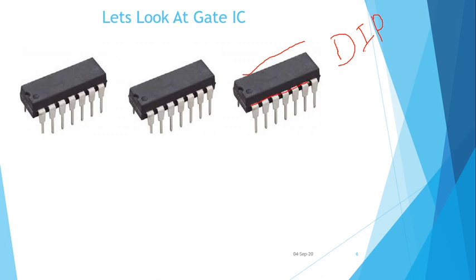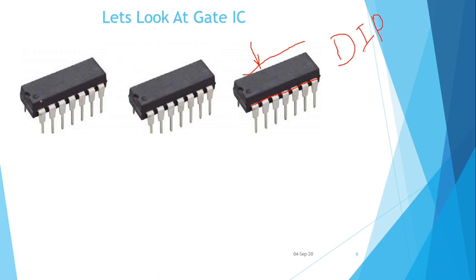These pins are in one line, right? Inline. Dual means these pins are available at this side and also at this side. So they are inline, one after another. Dual means at both sides, and this is a kind of package. That is why it is called a dual inline package.